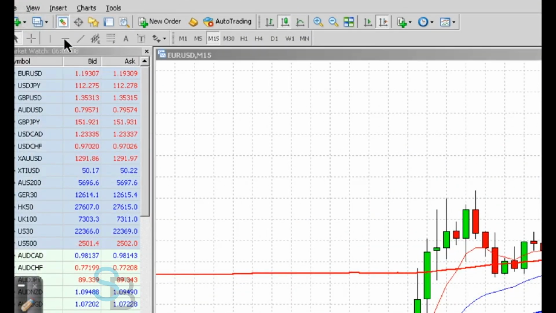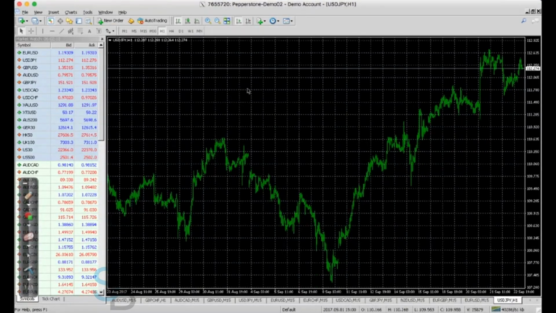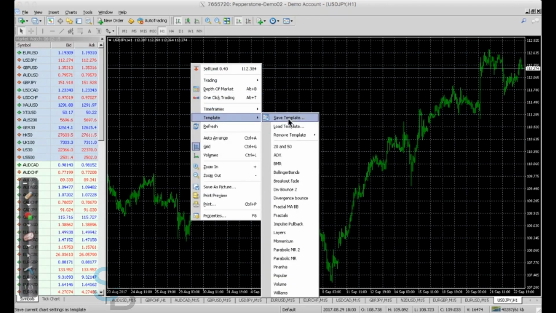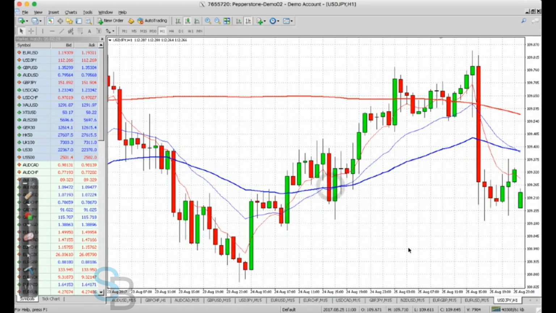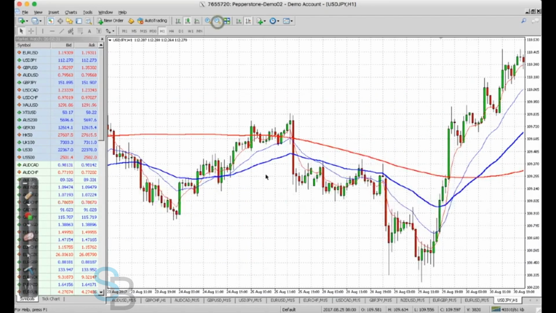So for example, dollar yen, right? And just right click, template, load the template, load, impulse pullback, boom, there you go. Okay, cool. So that's how you set up the charts.